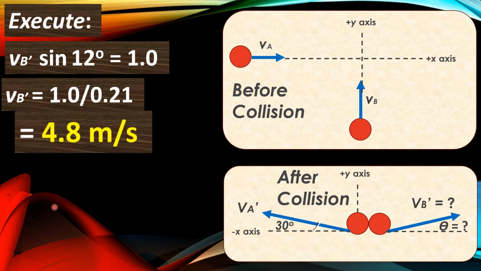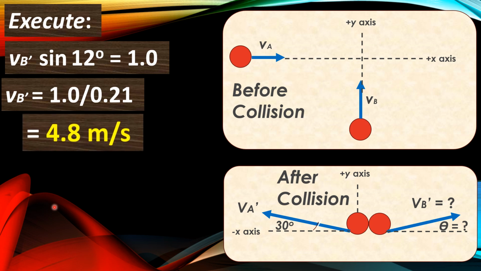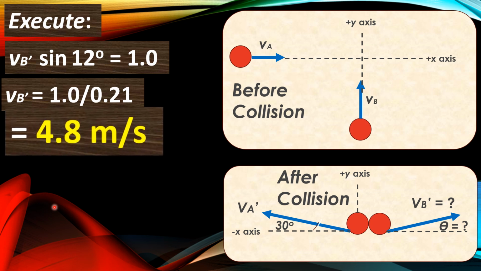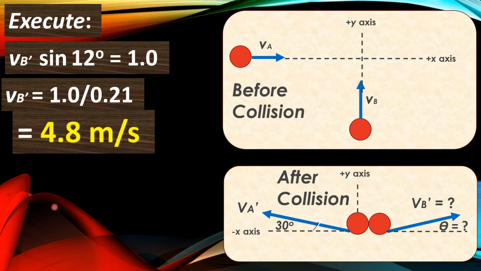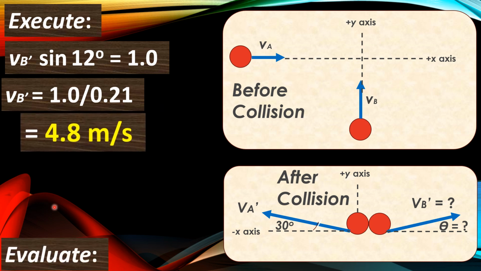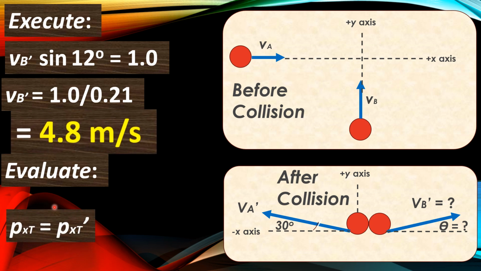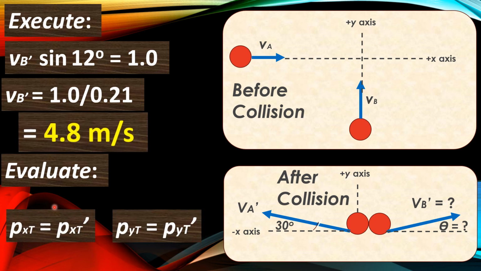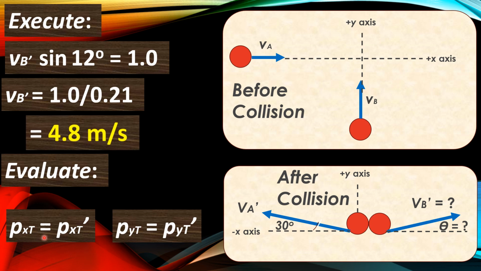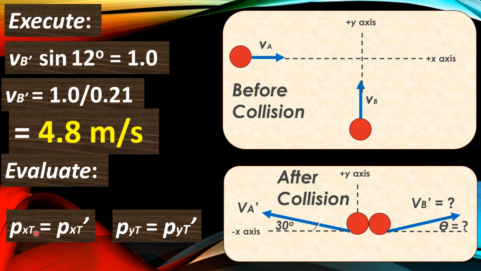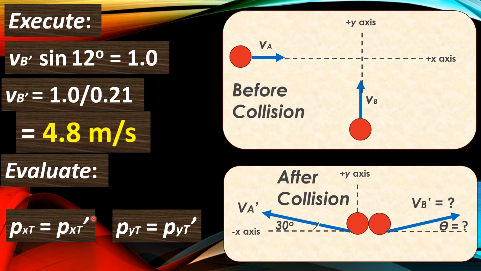by computing the initial and final total x components and y components of the momenta. So, in just a short while, we're going to prove that P sub xt is equal to P sub xt prime.